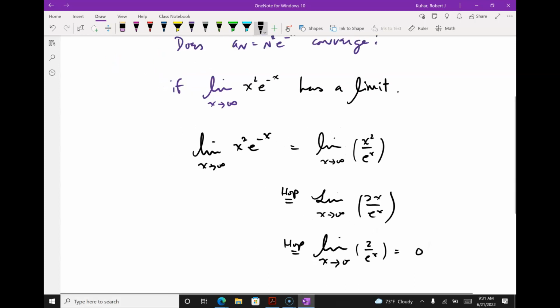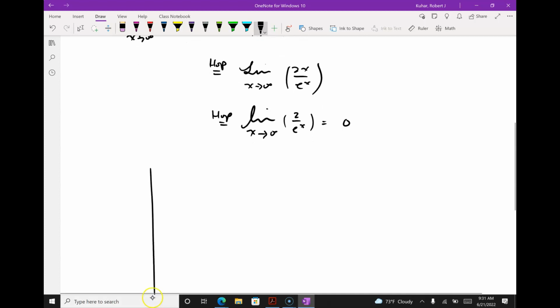Well, think about what's happening to this particular piece. You can kind of see the terms, yes? You can see the points going to 0. It looks a little different than that, but you get the idea.